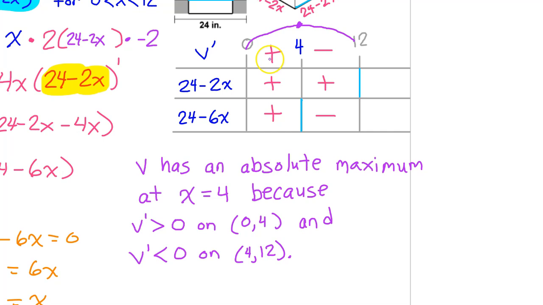Instead of saying v prime changes from positive to negative, which would only give us a relative max, not an absolute max, we say v has an absolute maximum at x equals 4 because v prime is positive from 0 to 4 and negative from 4 to 12. Again, this makes sense because the volume must be increasing the entire time from 0 to 4 and then decreasing the entire time from 4 to 12. And that's the entire domain, so this must be the absolute maximum.